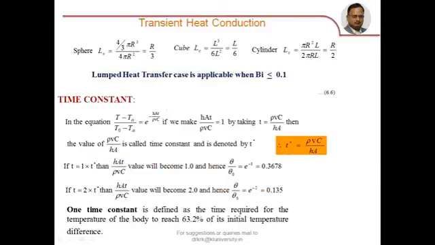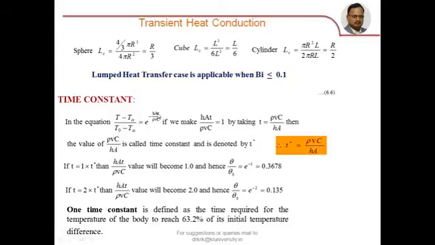Now, another important thing that arises in the lumped heat transfer analysis is, if you look at the equation, e power minus hAt by rho V C, and if you make this hAt by rho V C equal to 1. That is, this hAt by rho V C will become 1 when t is equal to rho V C by hA. Follow carefully. I want to make this exponential power 1.